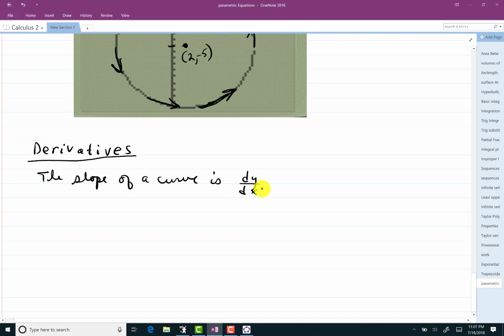Now, however, if you're given in terms of t, you don't have this luxury where y is defined in terms of x unless you try to eliminate the parameter. That's not always possible to do.